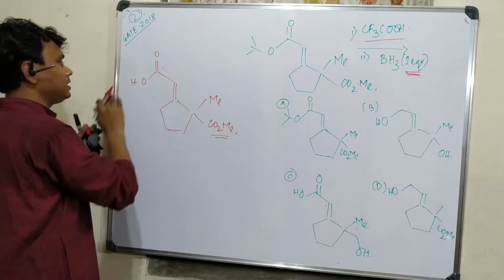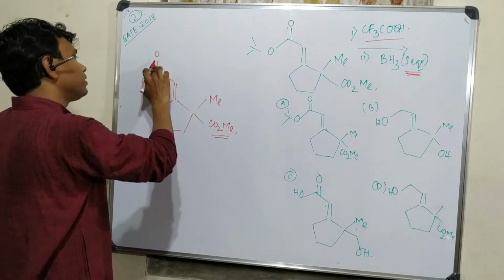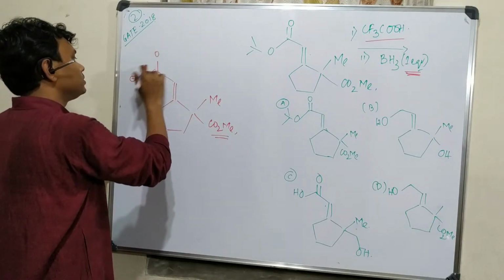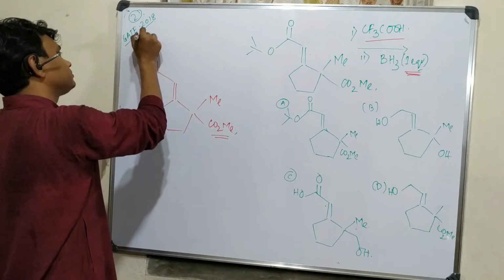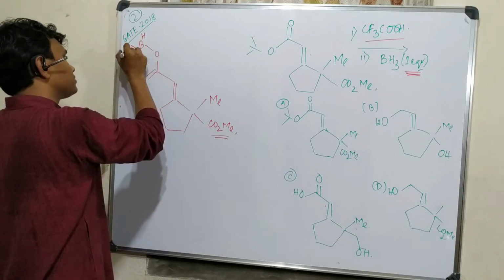And more specifically, this BH2 will prefer to attach with this, because with negative charge, it will undergo resonance and this oxygen will be more active. So this is BH2.